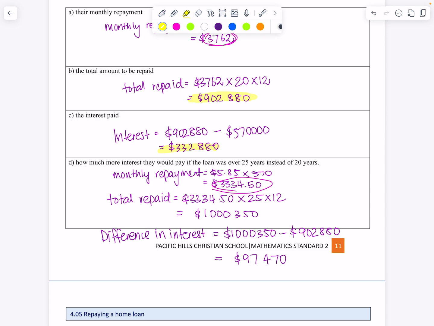So there's the difference in the interest paid.